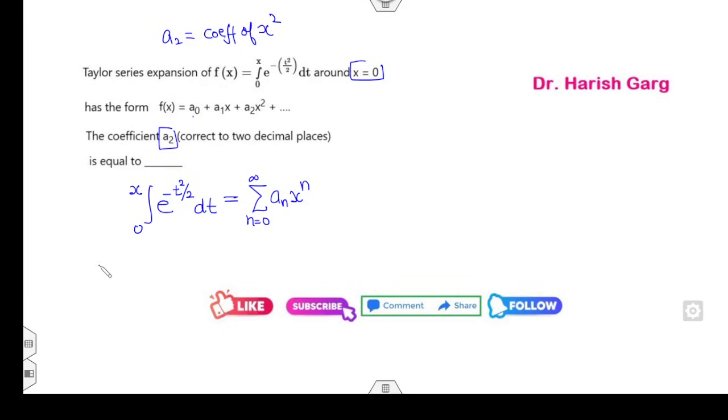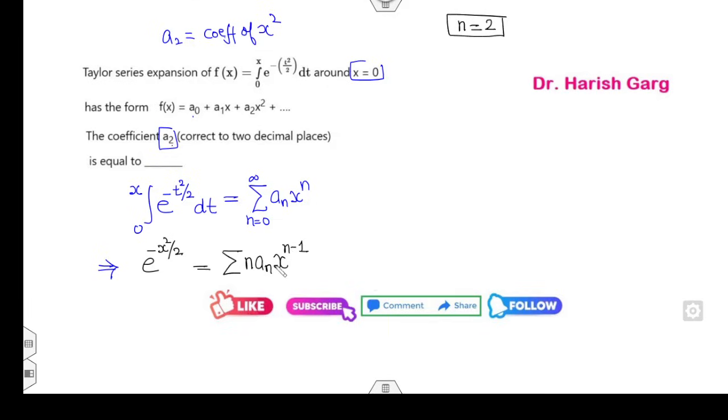Again it's difficult to integrate, so I can differentiate this with respect to x. If you differentiate with respect to x, you will get summation n an x raised to power n minus 1. Now for getting a2, I can substitute n is equal to 2.